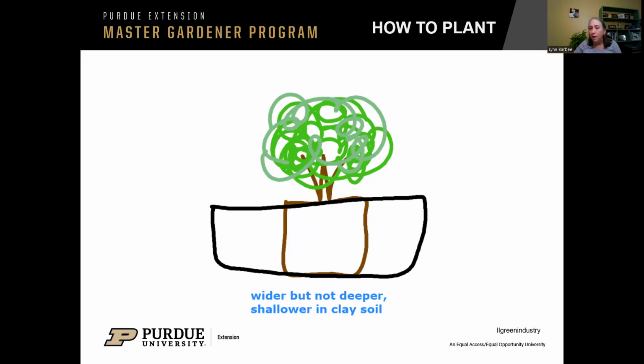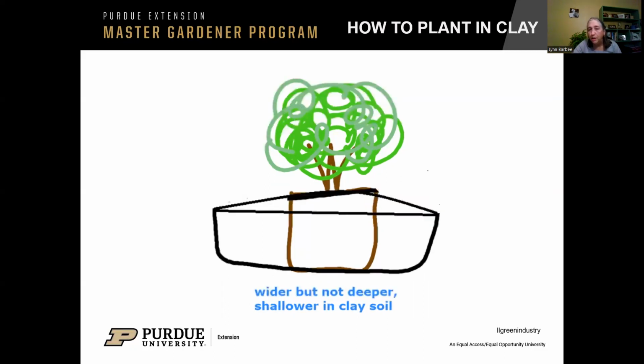Because especially if you have clay soil like this here, in clay soil, you want the plant to be sticking up out of the soil a little bit higher. Again, don't disturb the ground below the root ball once you take it out of the pot, because you don't want it to settle.